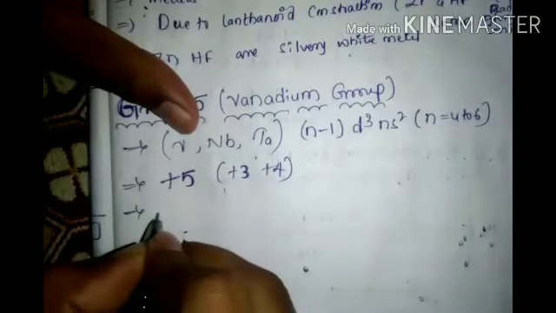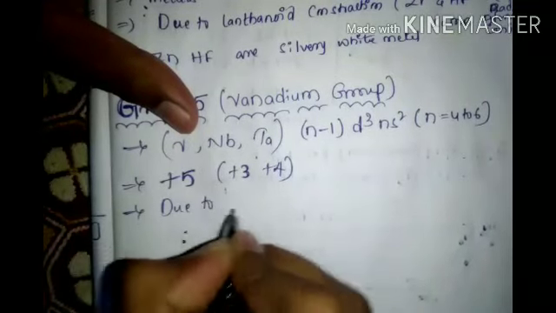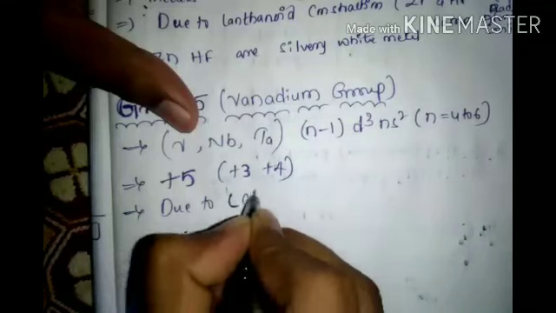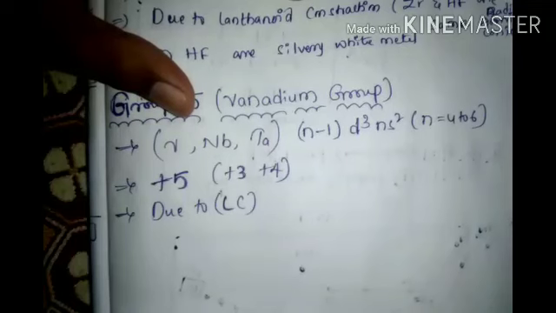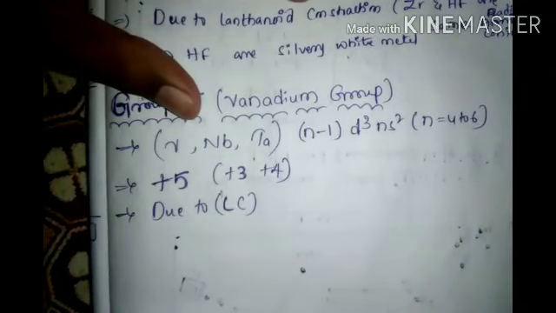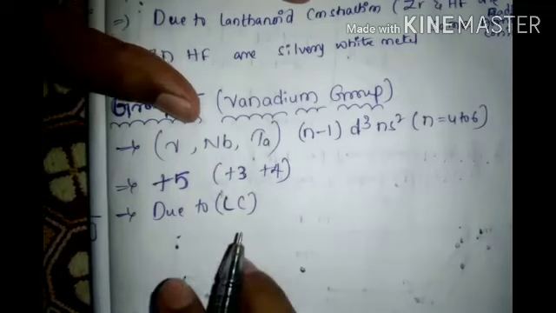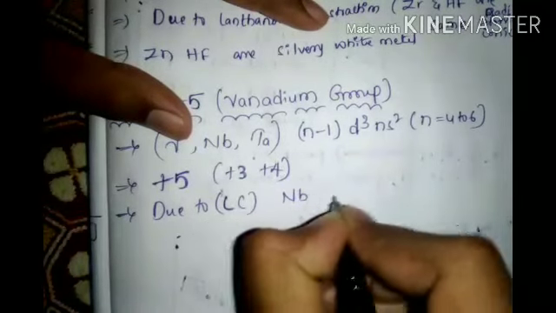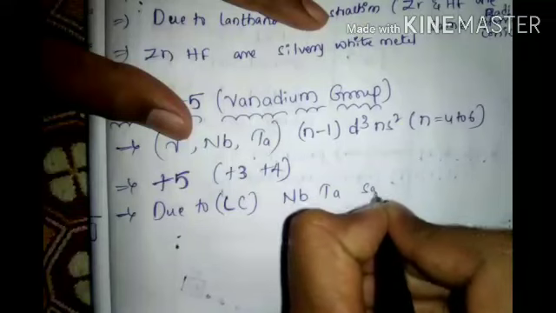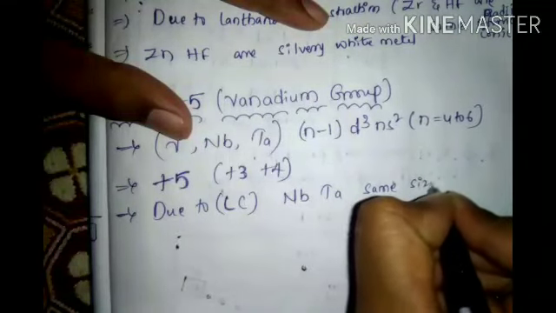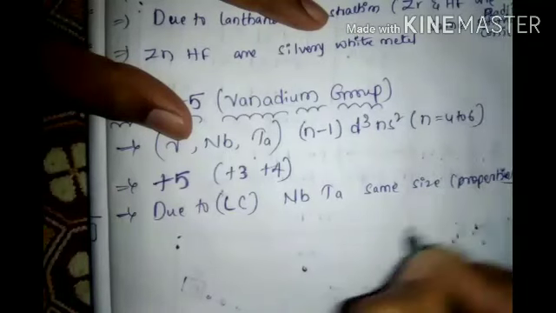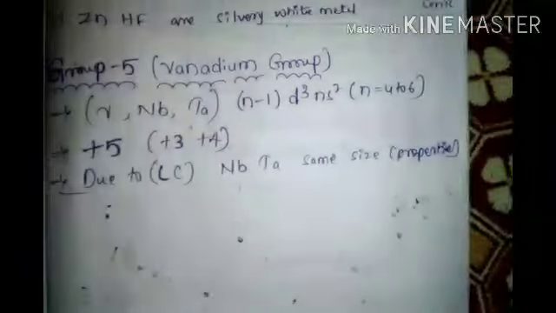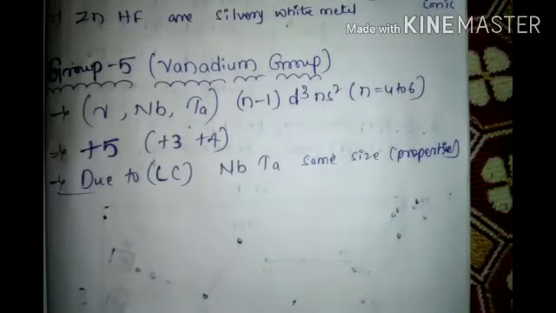Due to lanthanoid contraction, LC, which is very important, niobium and tantalum have the same size and almost equal properties. It will come next in the lanthanoid chapter, where we will discuss what lanthanoid contraction is.